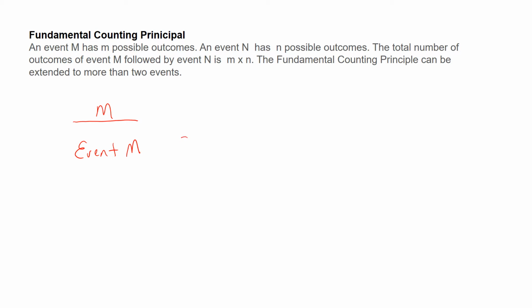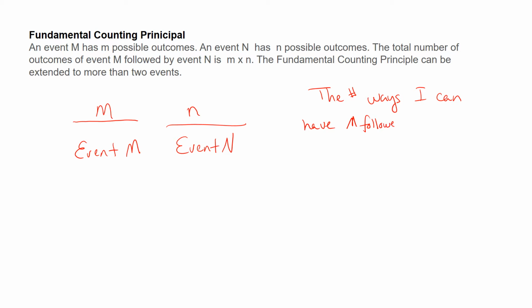And then I have another event, N, and it can happen in N different ways. So if I want to find the number of ways I can have M followed by N, then I just have to multiply the number of ways M can happen times the number of ways N can happen.